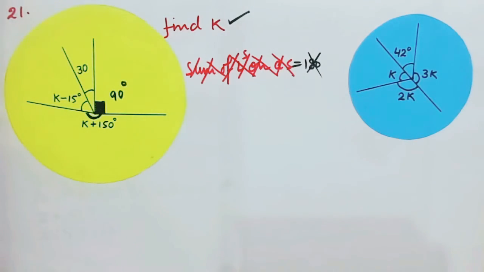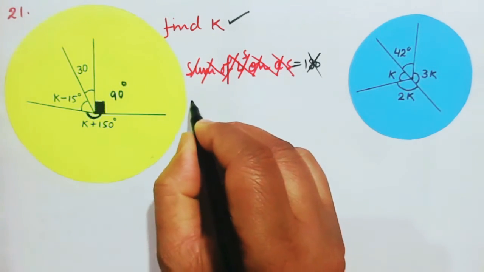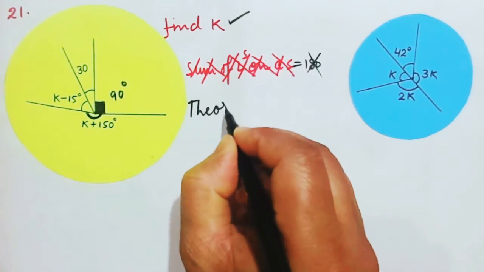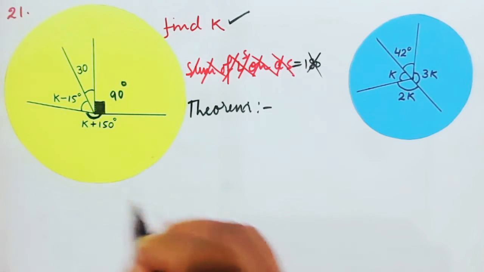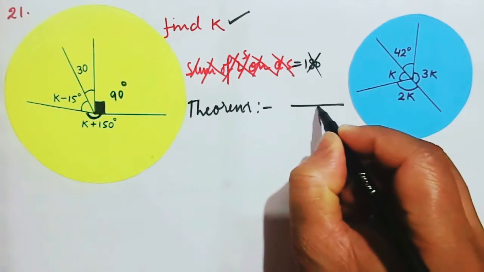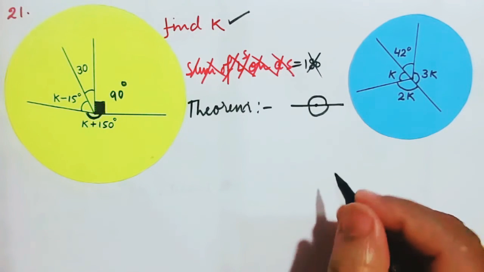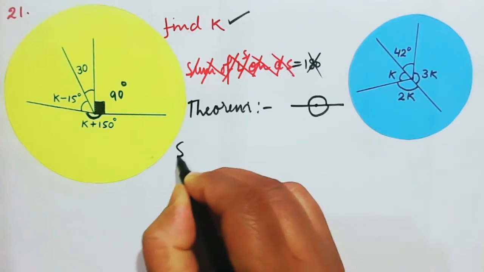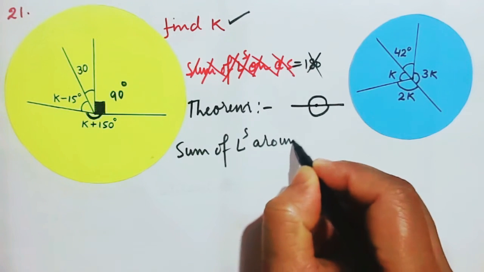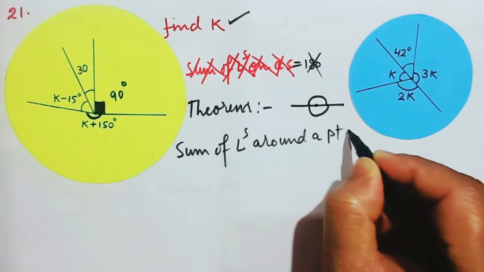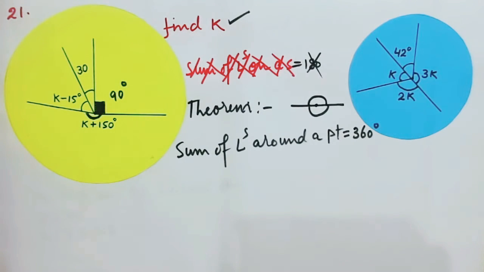This means I have to look for another theorem, that is sum of angles around a point is equal to 360 degree.